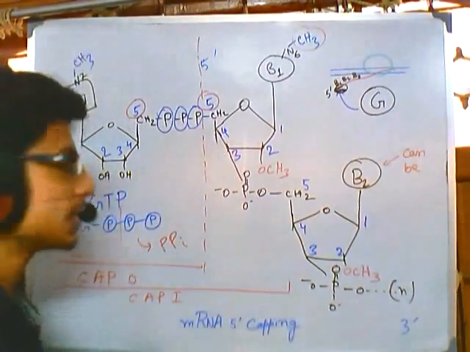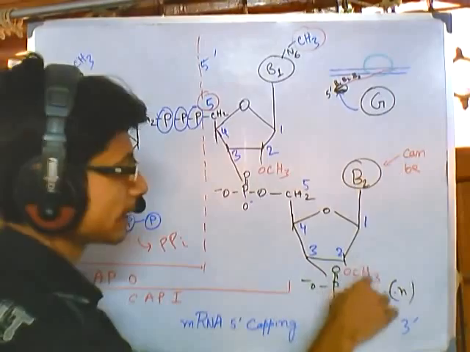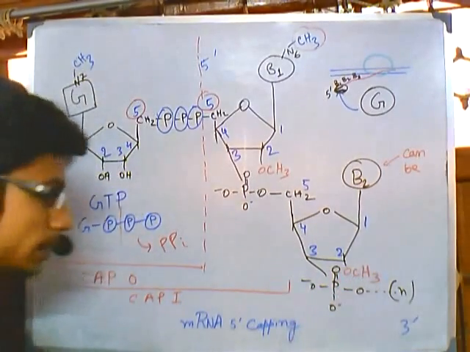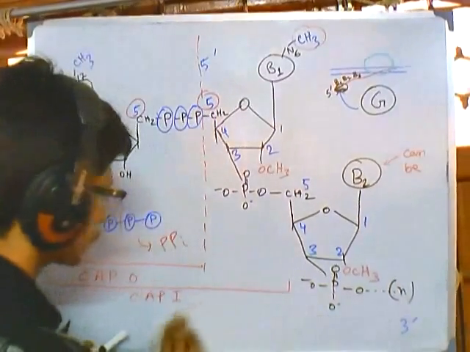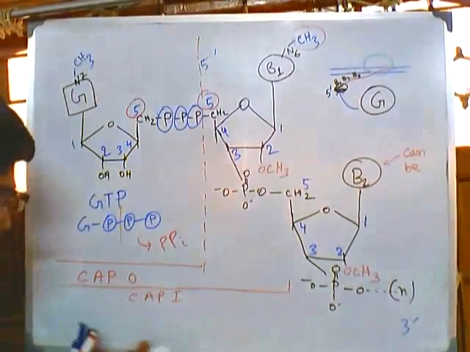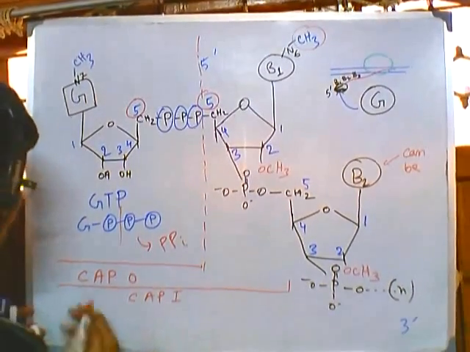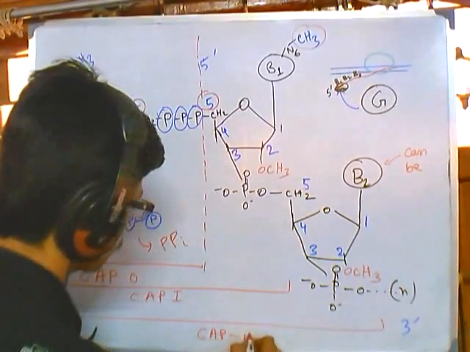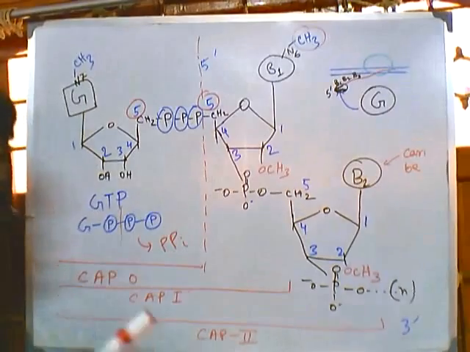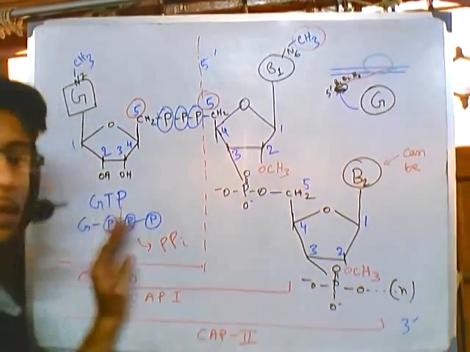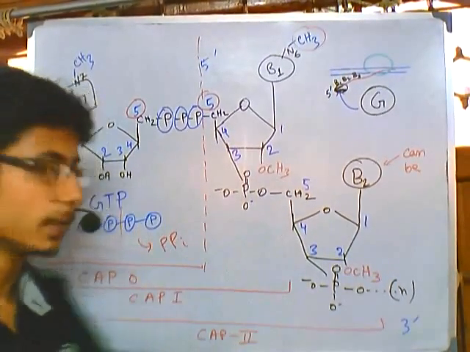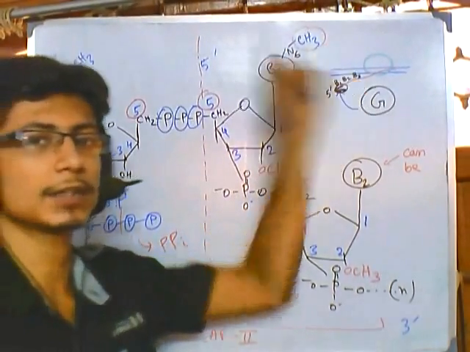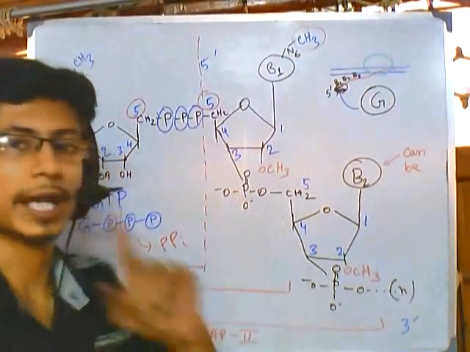Now if this base is modified, and again the second carbon of the sugar is modified by methylation, then along with this cap 0, we can call it the cap 2 structure. So you can see cap 0 is the most common, vigorously found, but along with it we can have modifications like N6 methylation of the first base. The whole thing is called cap 1.